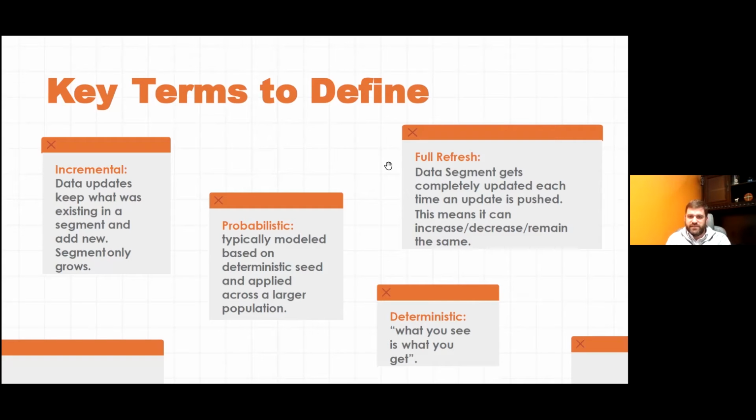Finally, probabilistic versus deterministic. Deterministic, the best way I can define that is what you see is what you get. The data is sourced in a very clear and easily understood way, and this segment should reflect that. So if you see something, say a transactional segment where somebody purchased a new sweater, that is from transactional data, a point of sale system collected it, and there is name, postal information.